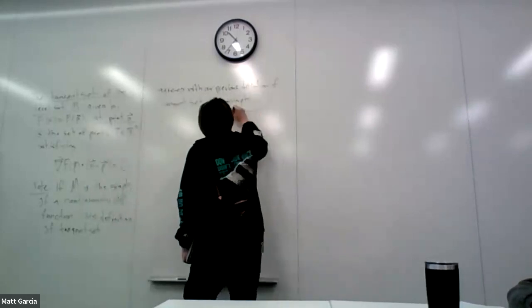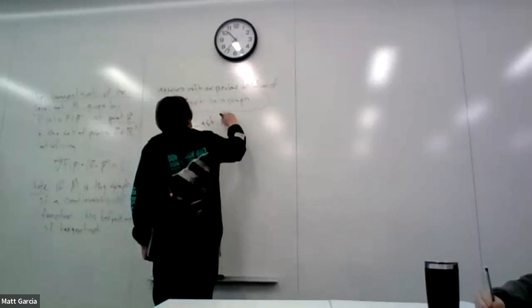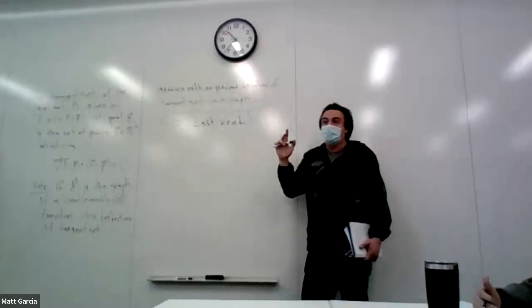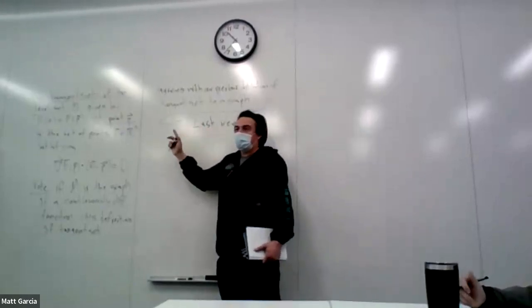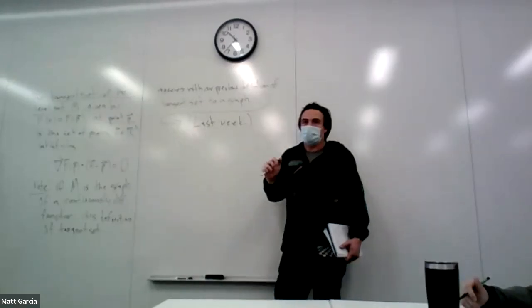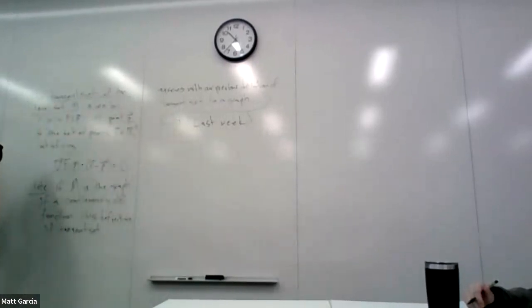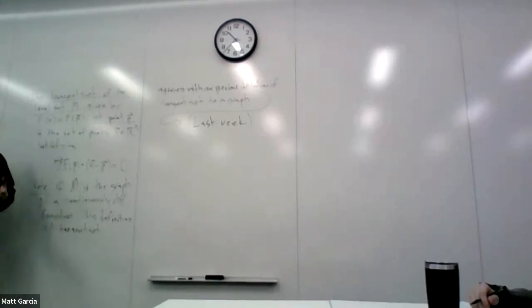The first time we saw a definition of a tangent set was for a graph of a continuously differentiable function. Here we're just talking about a level set. And those are different. Remember, a level set is a cross section of a graph of a function under the right circumstances. That's what we talked about last time. Now, it might happen that that cross section is also the graph of a continuously differentiable function, but not always. Okay.